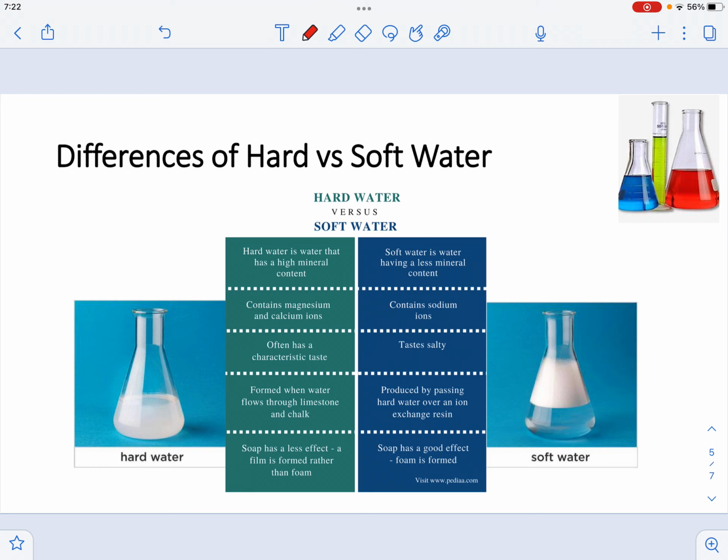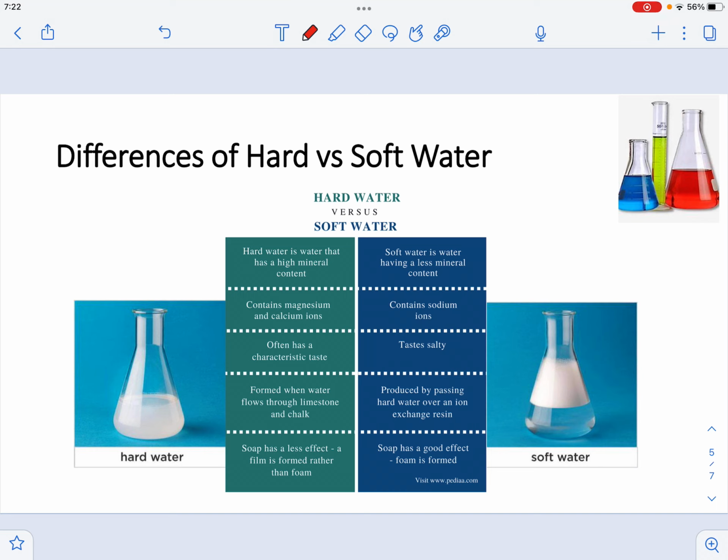Often, when it comes to hard water, it has a characteristic taste, but it's a little bit hard to describe. Understand that hard water is formed when water flows through limestone and chalk. And it is important to note that if soap is placed in hard water, you can see in the image on the left that the soap has less effect at cleaning because of the presence of those divalent cations.